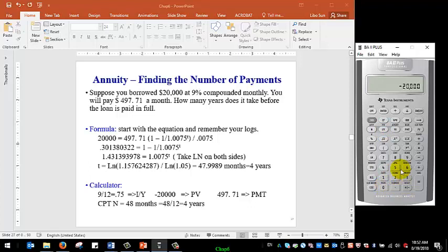I put negative in front of PV. Then monthly you pay 497.71. So that's our monthly payment. This question we are solving for the period. So it's 48 months, right? Remember, if we ask how many years, we divide by 12 months, it's 4 years.